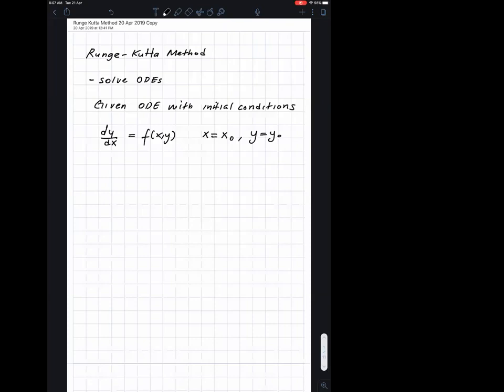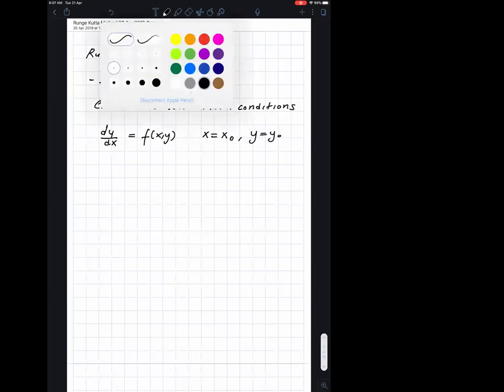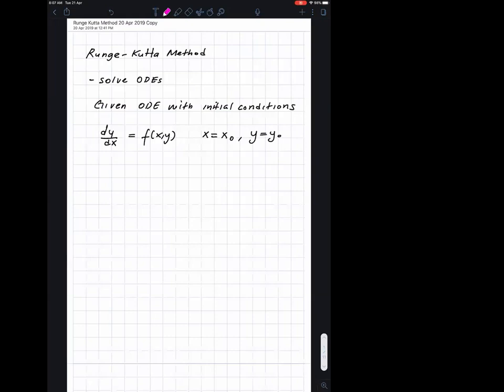So these are the initial conditions. Sometimes we will just abbreviate this as ODE, IC: initial conditions.